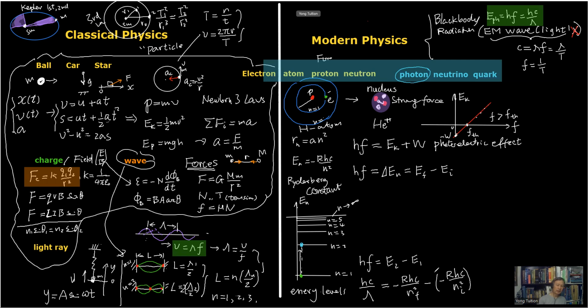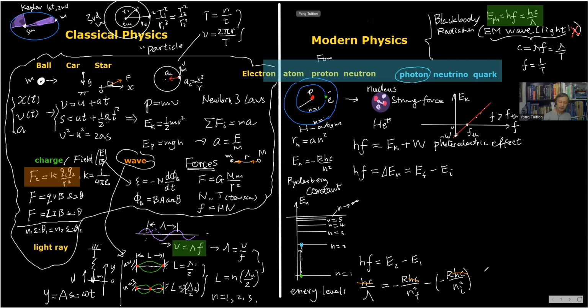If you use these formulas, we can obtain this old formula, which was discovered by Rydberg before this idea. Can we cancel this h on both sides? Okay.